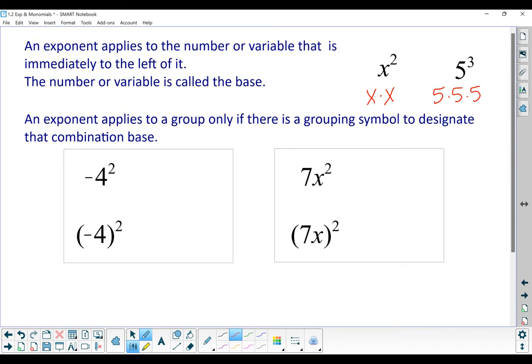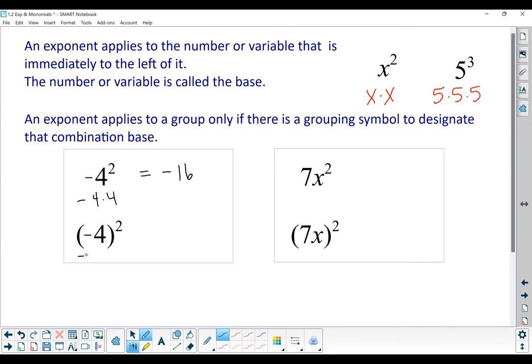An exponent applies to a group only if there is a grouping symbol to designate that combination as the base. So these two expressions, -4 squared and the quantity -4 squared, are different things. If we think about our exponent rules, the 4 is repeat multiplied, so this is -4 times 4, which is -16.